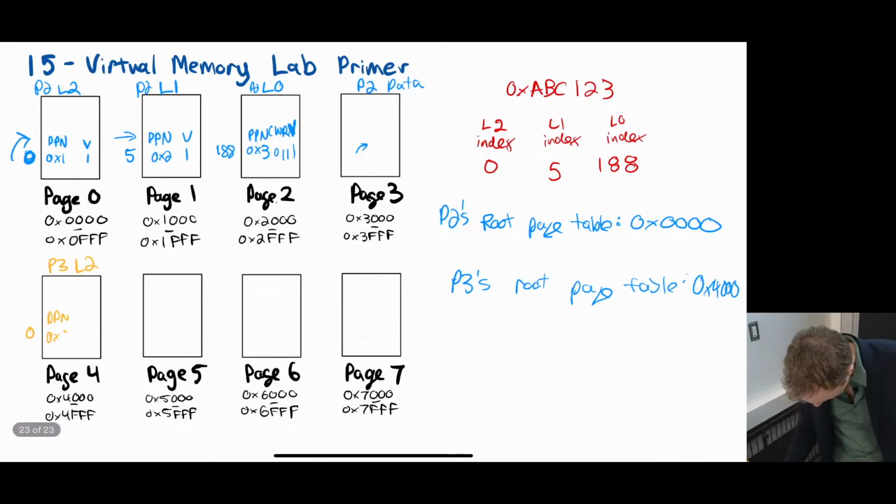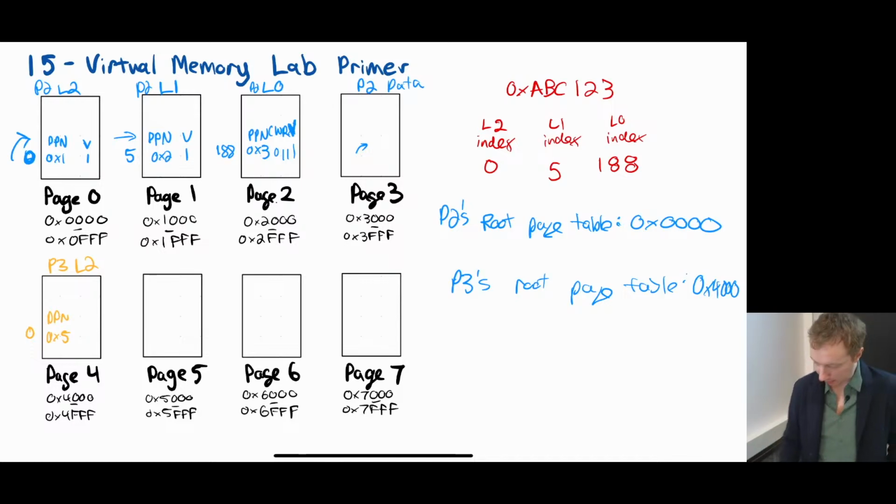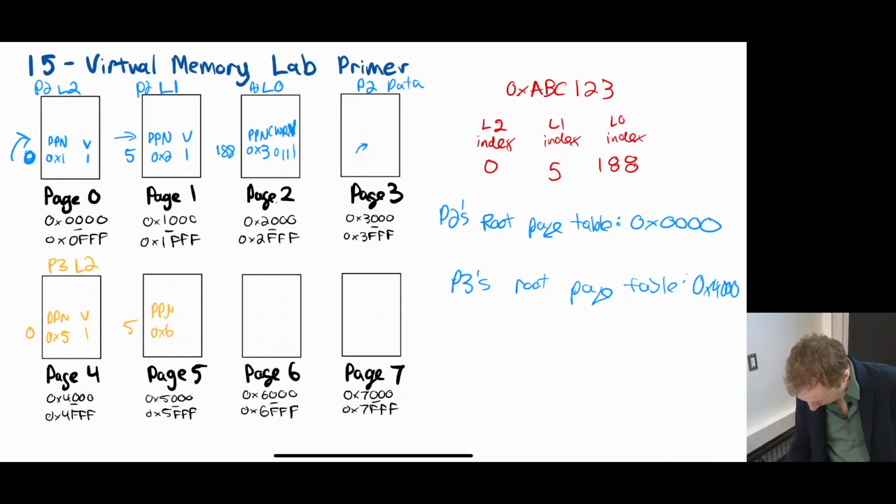So here, let's just do it quickly. Let's just say we get page 5, it's valid. On page 5, at index 5, we get a PPN. It goes to page 6, it's valid. At 188, we get a PPN.